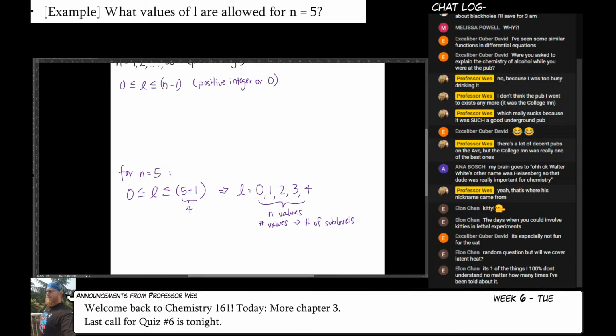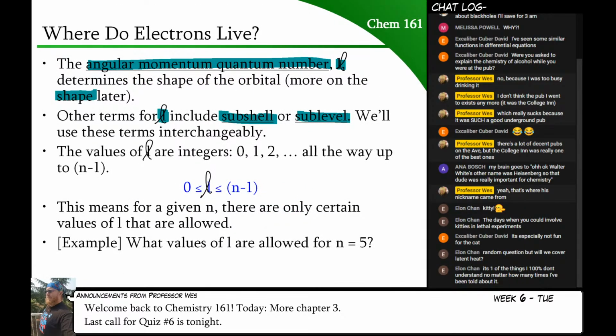So we're still getting to that part. But what's important here is to just understand how the numbers work for now. Once we've seen all the pieces, putting these together is surprisingly easy. It's just, can you remember the algorithms that I'm setting up here, where n is any positive integer, and L is 0 to n minus 1, positive integers or 0.